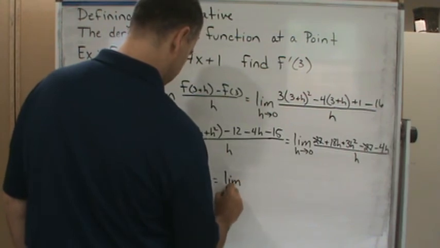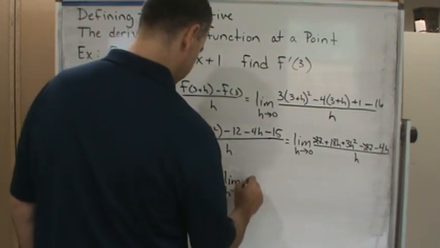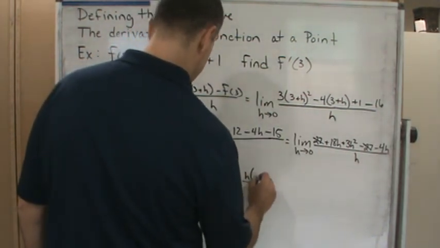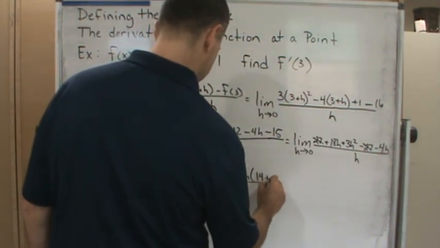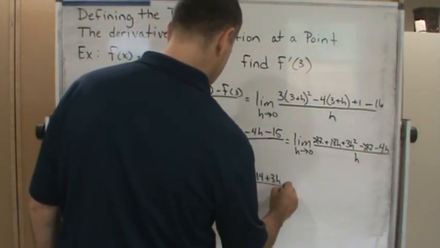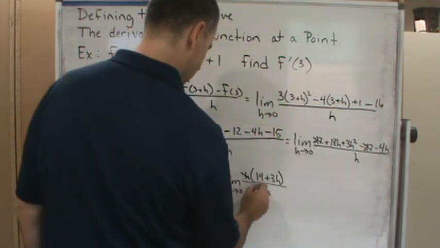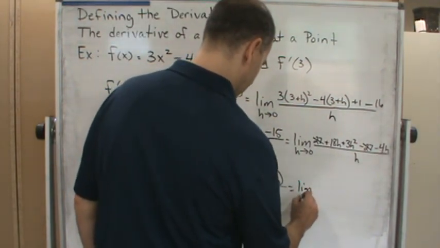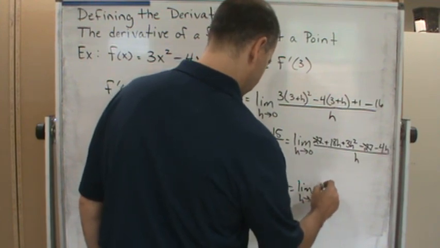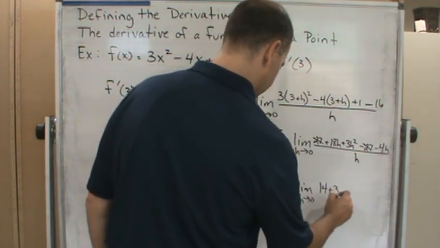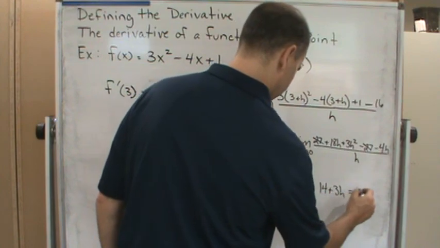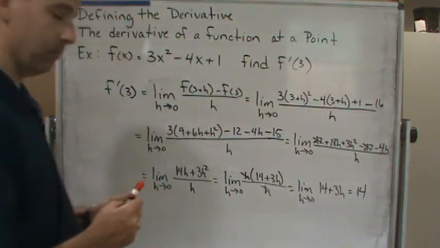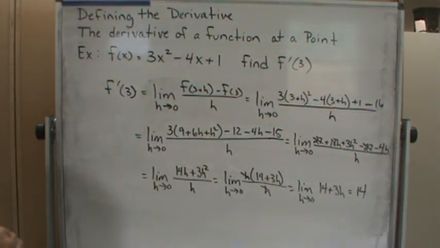So that gives me the limit as h approaches 0 of h times 14 plus 3h over h. The h's cancel, and now I get the limit as h approaches 0 of 14 plus 3h, which gives me 14 again. So voila, I get the same answer. Have a great day.